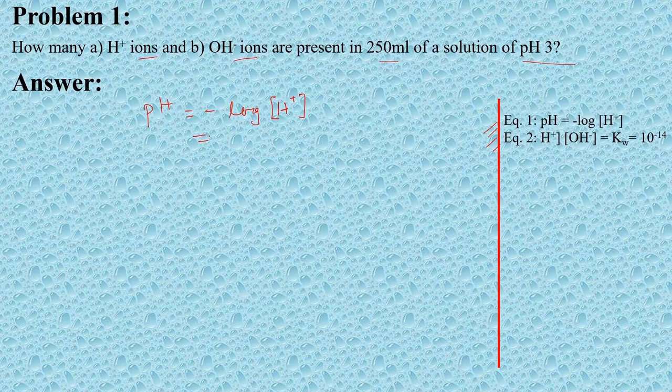The pH is 3, so I use it here, 3. So H plus concentration would be 10 to the power minus 3 molar.